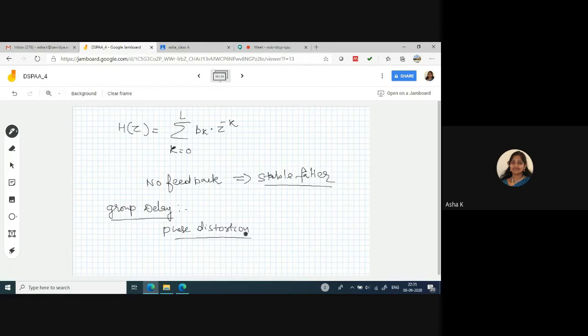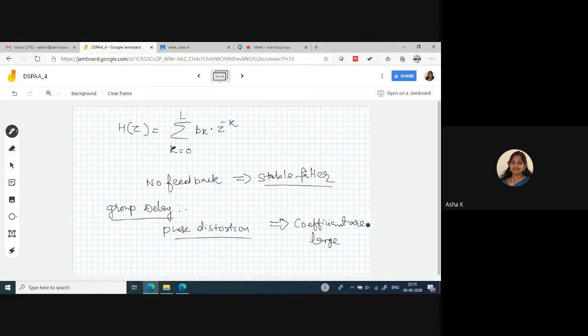What are the major disadvantages of these FIR filters, the finite impulse response filters? To obtain the desired frequency response, the number of coefficients required is large.